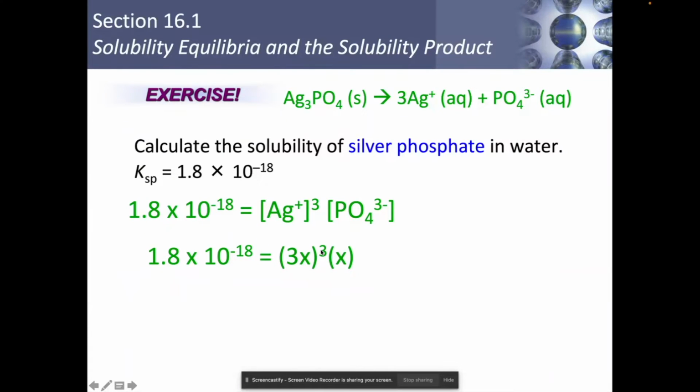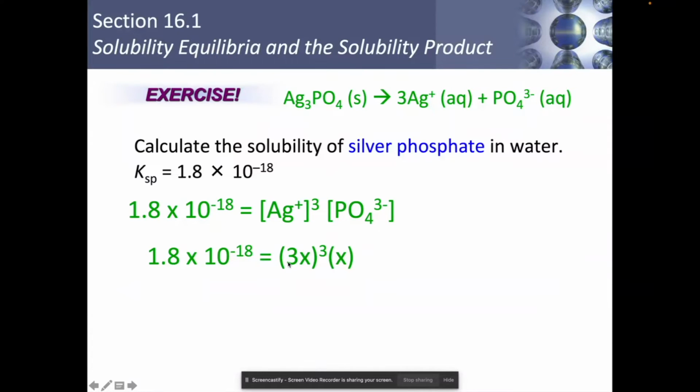The cubing bit is taking care of the fact that this is equilibrium, the equilibrium constant kind of stuff that we talked about before. This is taking care of the fact that the relationship between these two numbers is always going to be 3 times the amount of this.